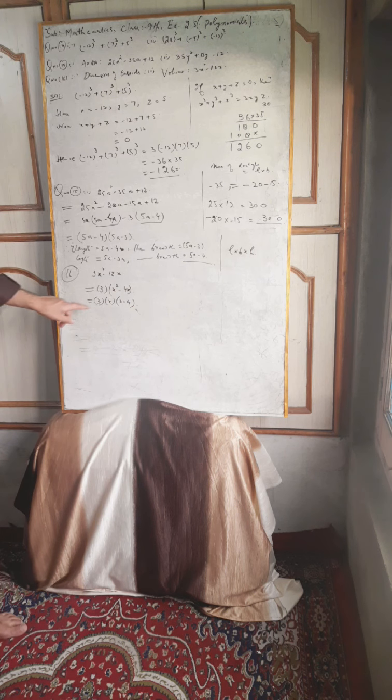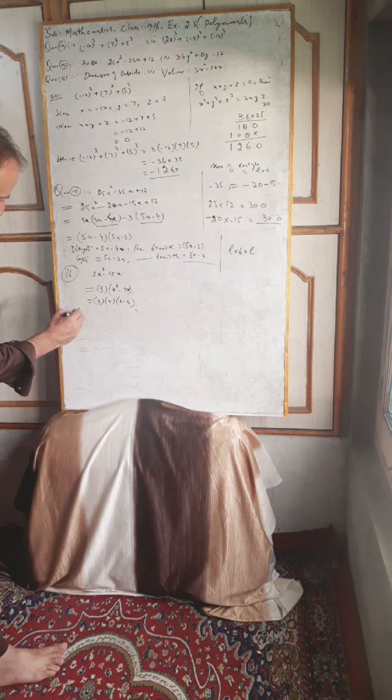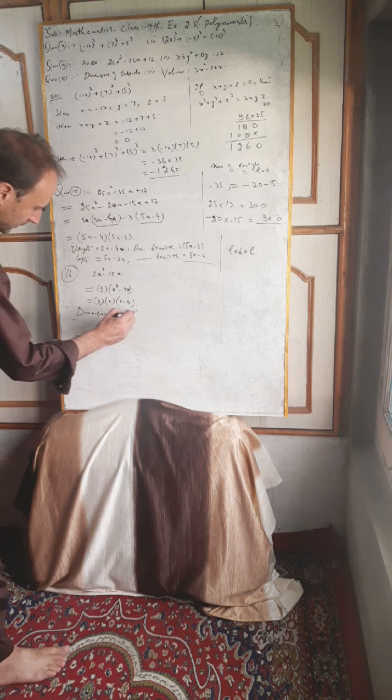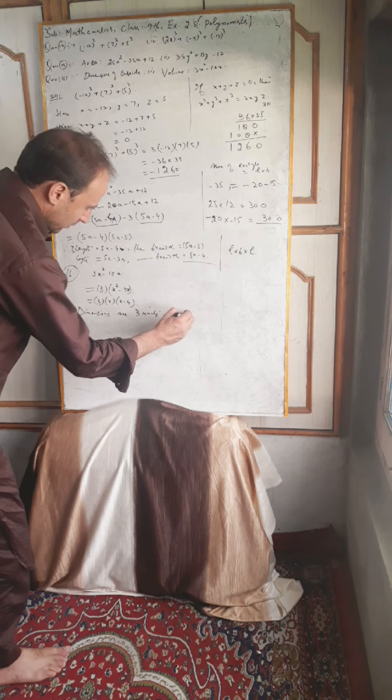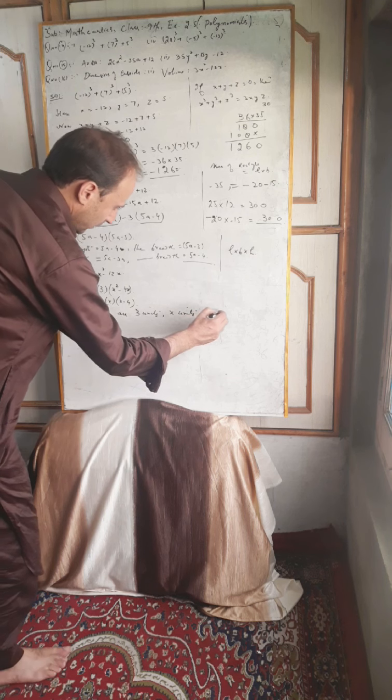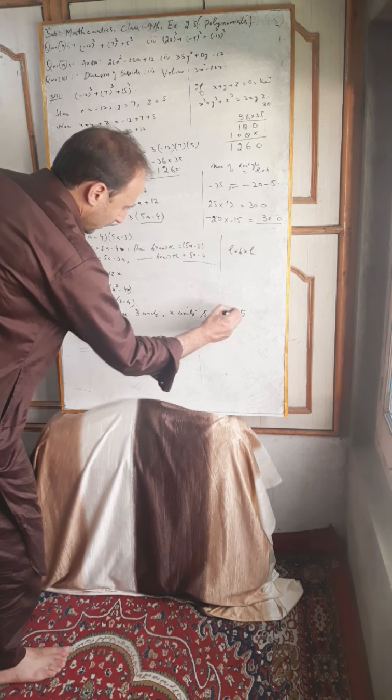So it has been factored into 3 parts, that is 3x into x minus 4. Hence the dimensions of the cuboid are 3 units, x units, and x minus 4 units.